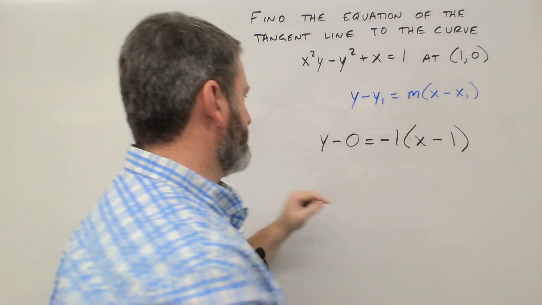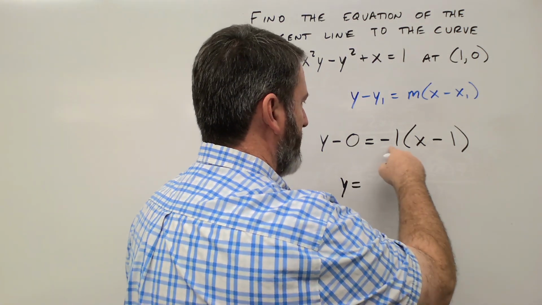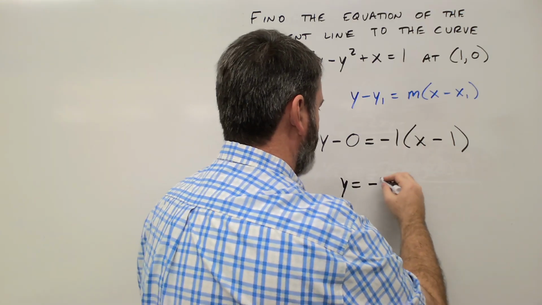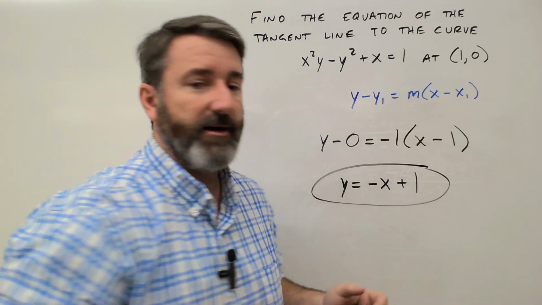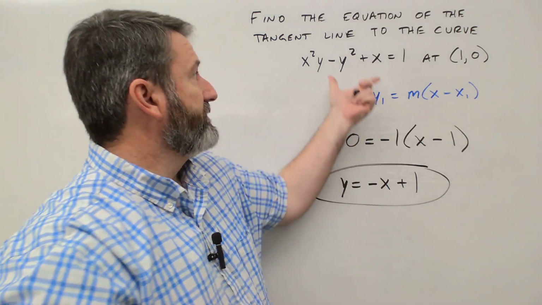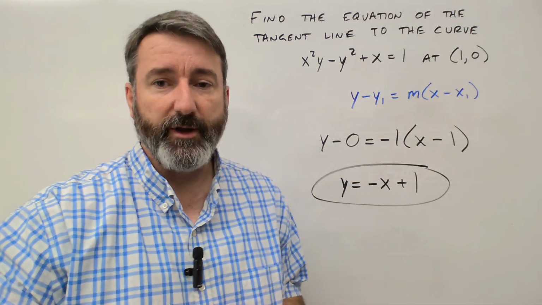And so we can clean this up a bit. This is going to be y equals, distribute that negative 1, negative x plus 1. And there's our tangent line to this curve at the point (1, 0).